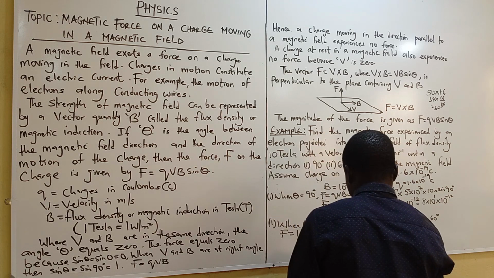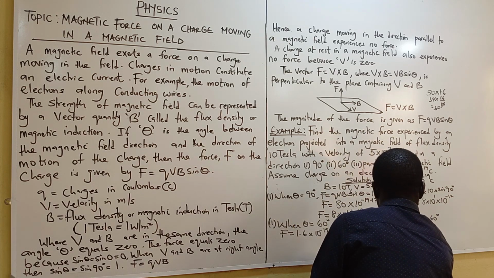When you press the calculator, you have 69.28 times 10 raised to power minus 12.